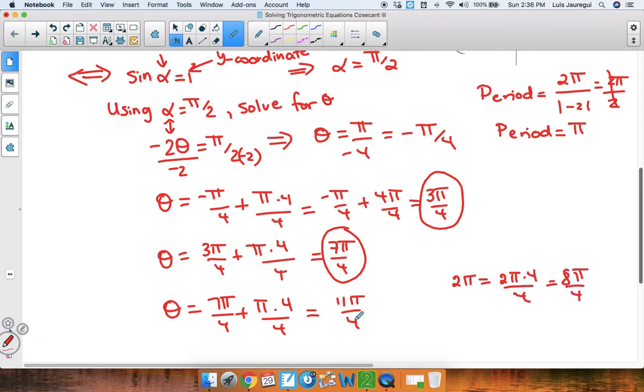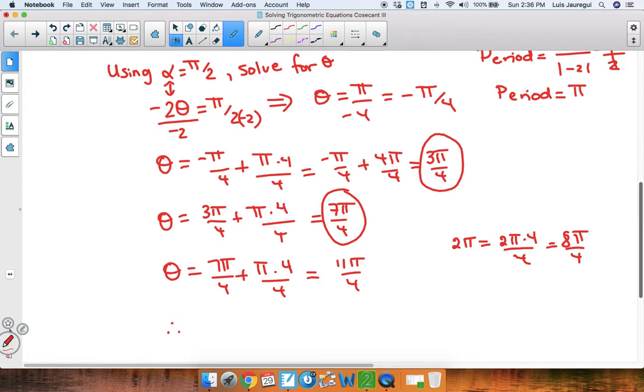So this third angle will be surpassing this particular value of 2 pi. Therefore, we can say that the angles that will be solutions to the initial equation on the interval from 0 to 2 pi are simply equal to 3 pi over 4 and 7 pi over 4.